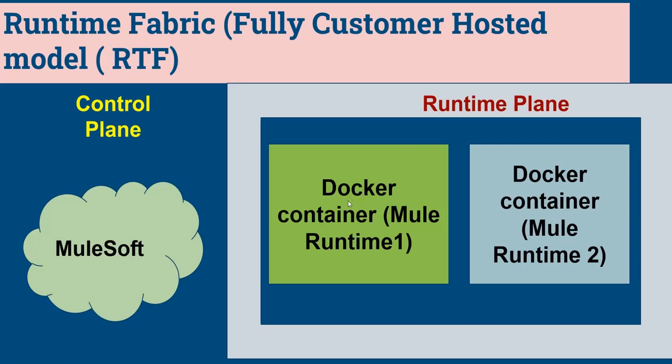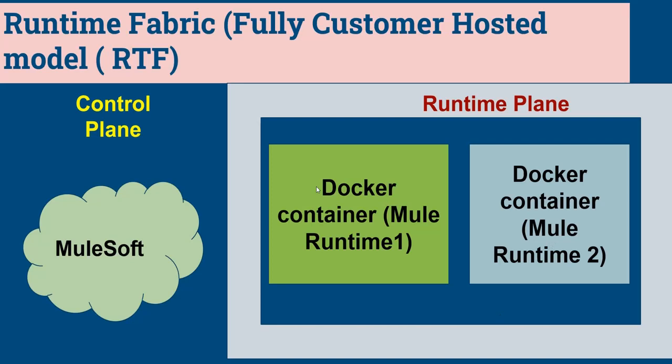Kubernetes will have multiple Docker containers. Each Docker container will have a Mule instance; the Mule runtime engine is installed in the Docker container. So Kubernetes is used to spin up and spin down your Docker containers. Say, if you want to use more servers in future, it will be easily done by Kubernetes.